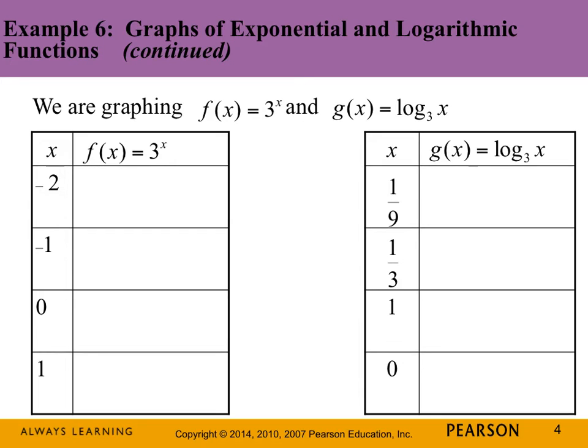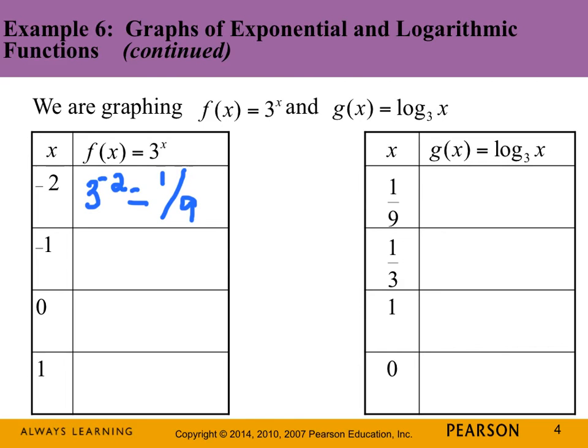Okay, so for f of x equals 3 raised to the x power, we're going to select x values of -2, -1, 0, and 1, and that should be enough to get an idea of the shape of the graph. So first we've got 3 raised to the -2nd power. That's the same as 1 over 3 to the 2nd power, which is 1/9.